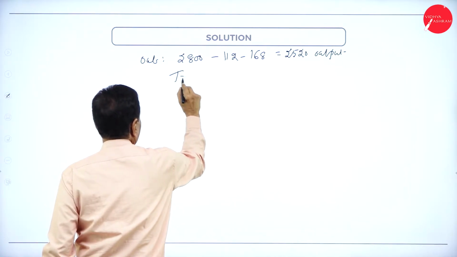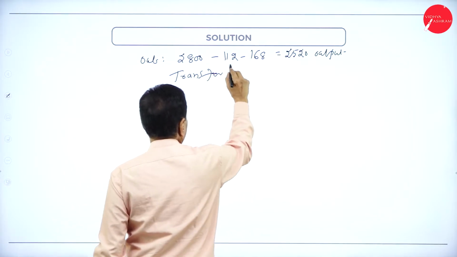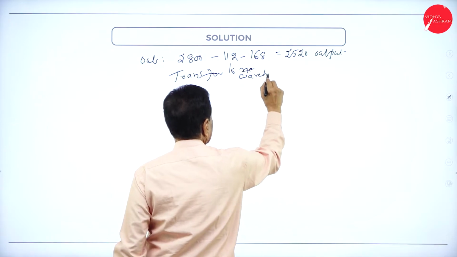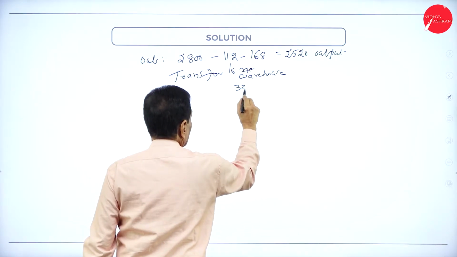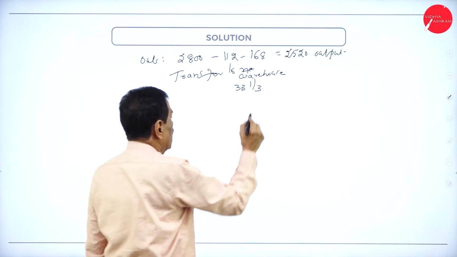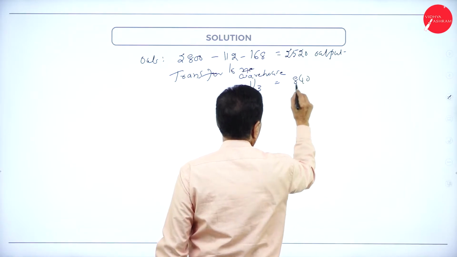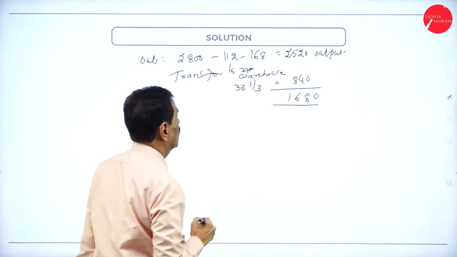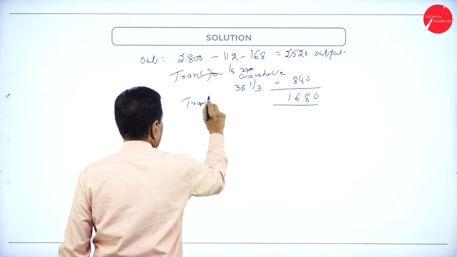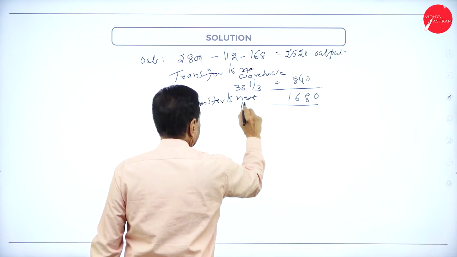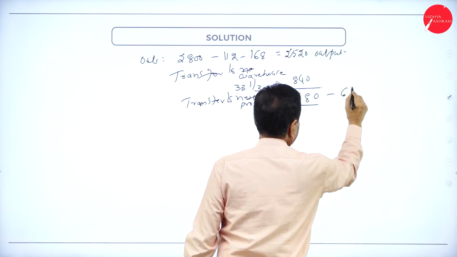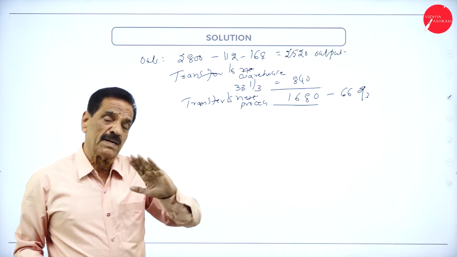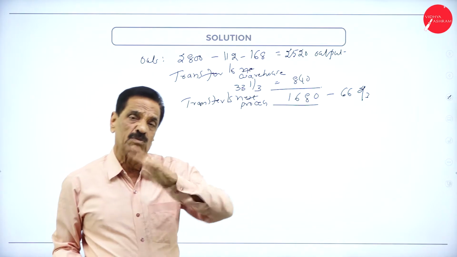Transfer to the next process and transfer to the warehouse. 33 1 by 3% is nothing but 1 by 3, which is 33.33, or 1/3 of 100.